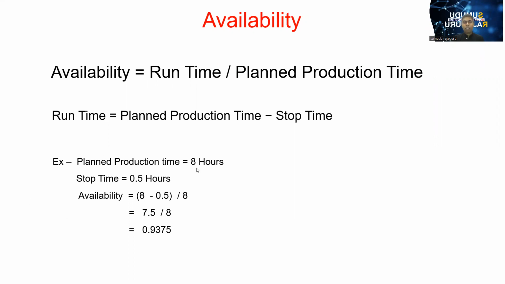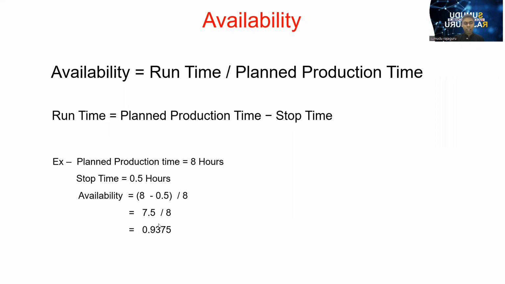Planned production time is 8 hours. Stop time is given as 0.5 hours. So runtime equals planned production time minus stop time, that means 8 minus 0.5, 7.5. So availability equals 7.5, that means runtime, divided by planned production time, that is 8 hours.